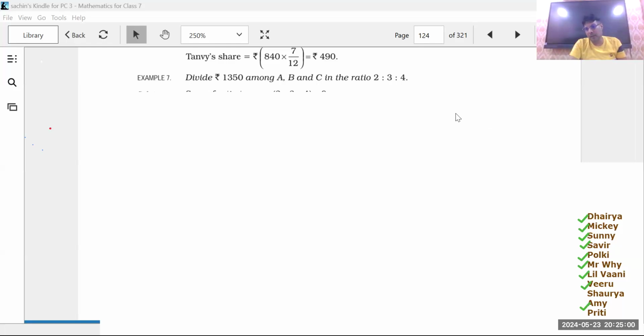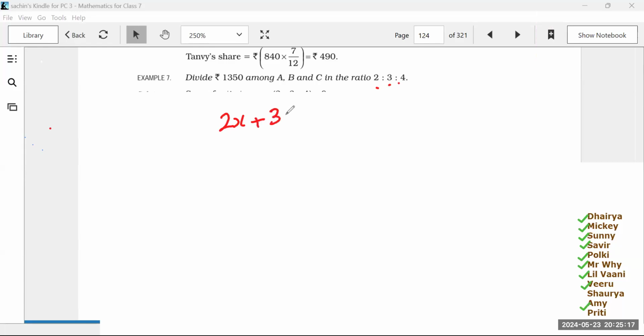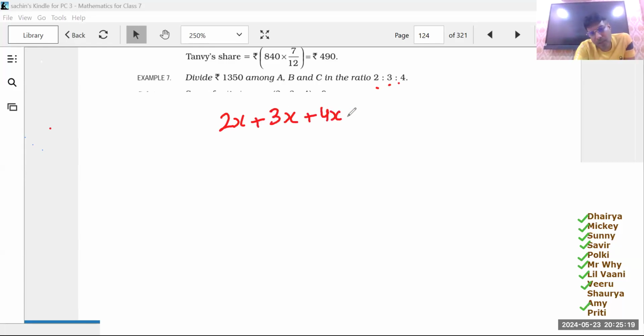All right. So, Shaurya, did you find out the answer? So I'm finding out the 4th person. So there are 3 persons: 1, 2, 3. I'm finding 2x plus 3x plus 4x equal to 1350. So 9x is equal to 1350.